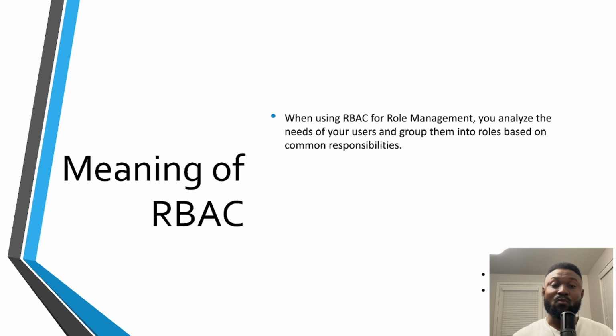As an IAM consultant or IAM engineer, you can look at the responsibility of those network engineers in the organization. You can check whether their responsibilities are exactly the same, or whether they have different responsibilities. Normally you create a role based on common responsibilities. So for example, let's say there are 15 network engineers in the organization, and they all do exactly the same thing.